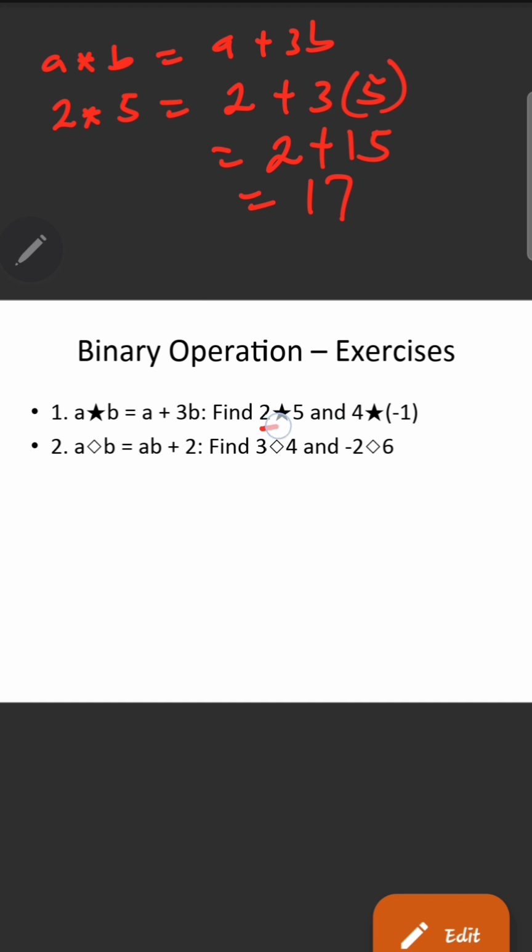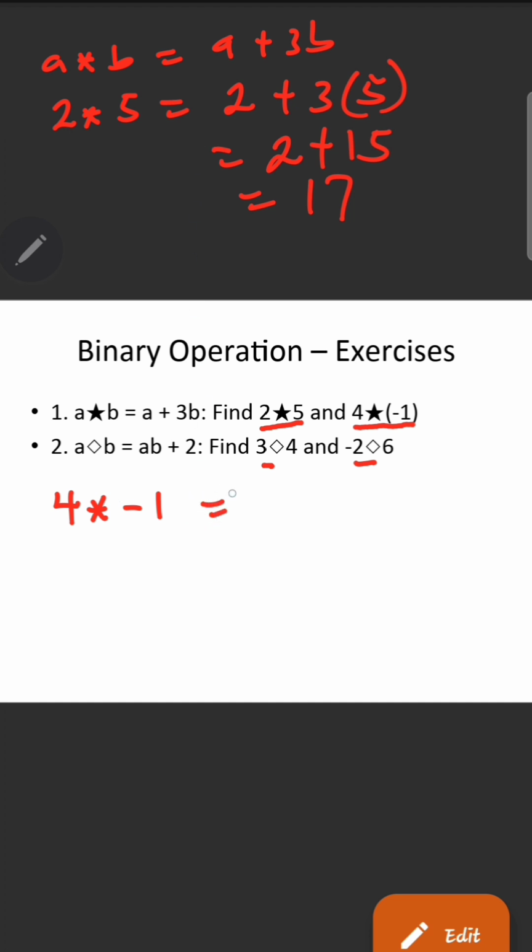I've gotten the result for 2 operation 5. So you have to find this. I know some of you will say you are giving us the negative one. Okay, let me do the second negative here. But I will do this and you will do this. Now 4 operation minus 1.